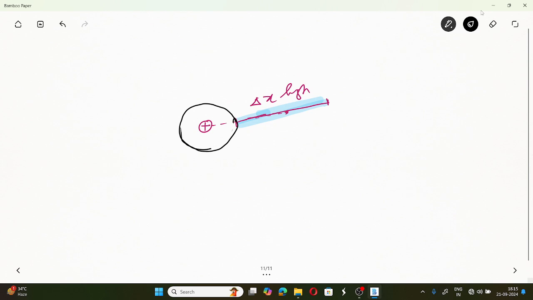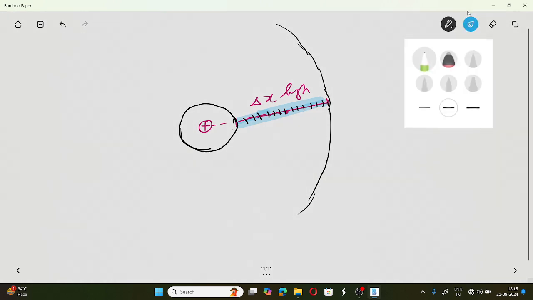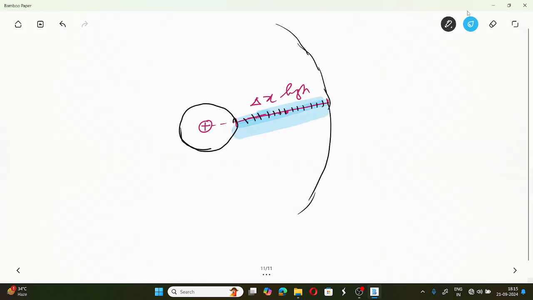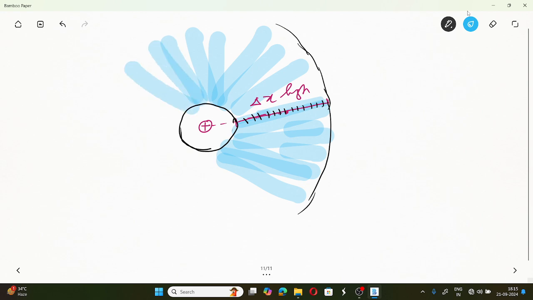So this is another orbit with much higher radius. So there can be so many orbits because there are so many different positions of the electrons. So the electron can be present in any of the orbits. So instead of drawing orbits like this, we can say that this is the probable region of finding the electron around the nucleus.